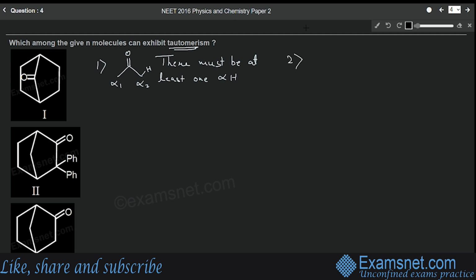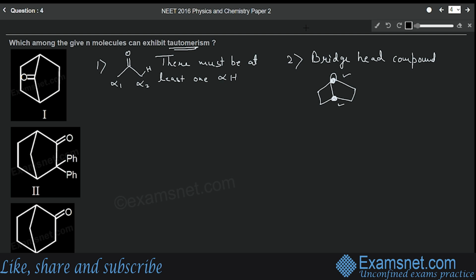And the second thing that we have to remember is related to bridgehead compound. In this type of compound, which looks like this, a 6-membered ring, there is a bridge formation like this. In this case, if the alpha hydrogen is attached to the bridgehead carbon, that means the two carbons which are involved in bridge formation, this and this carbon, if the alpha hydrogen is attached to any of these carbons, then it will not show tautomerism.